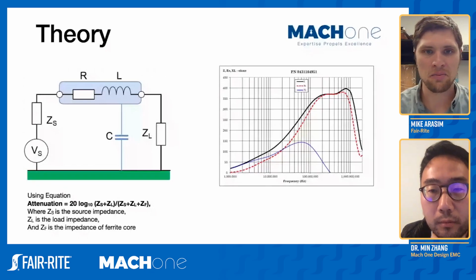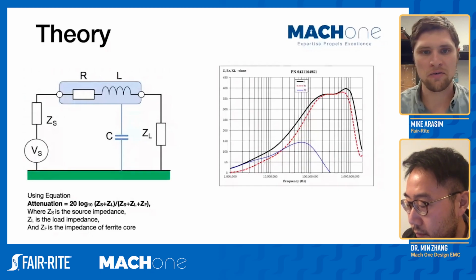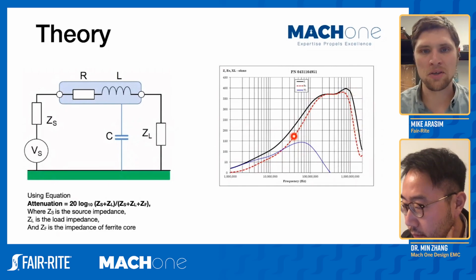You can see that impedance chart on the right-hand side here. Your black line on the chart is your complex impedance. Your red dotted line is the resistive impedance, or the portion of that impedance that is resistive. And then you have your reactance in that blue line there.